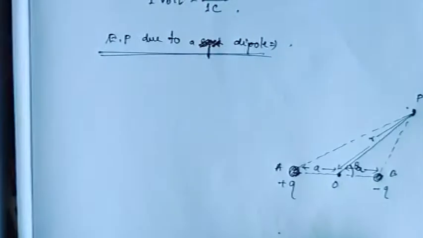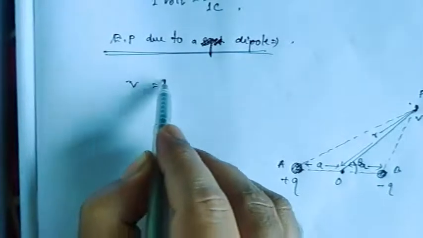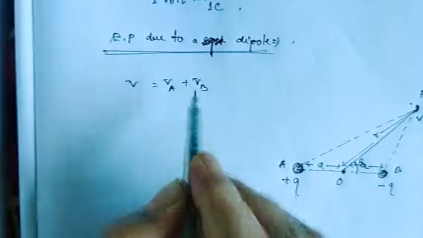Let this angle be theta. Therefore the potential at point P, if it is V, then this V must be equal to VA plus VB, meaning the potential due to the charge at A and the potential due to the charge at B.